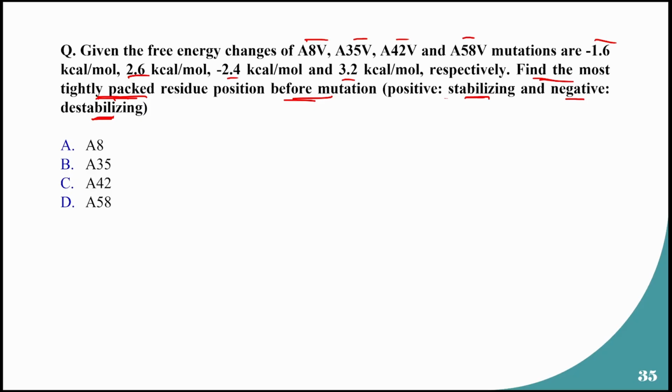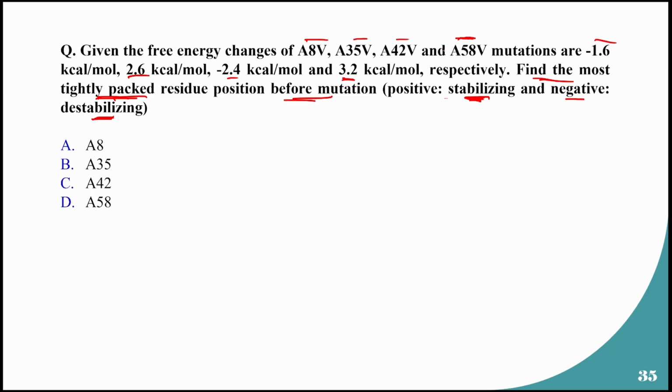So I see one answer D in the chat. So D is telling you about A58 to V, right? Alanine 58 to valine, and the associated free energy change is 3.2. Okay, so 3.2 here in this case, the positive value is stabilizing, right? So that means that alanine 58 to valine mutation is highly stabilizing.